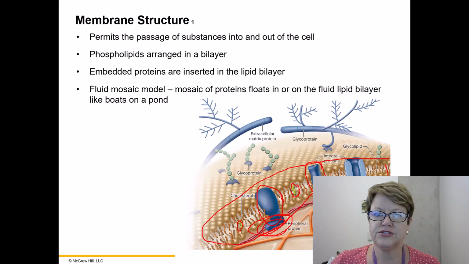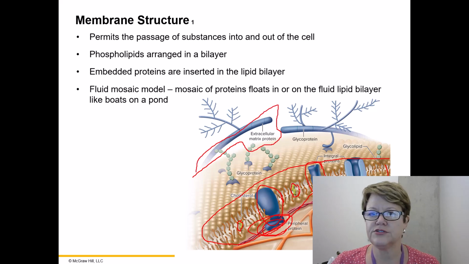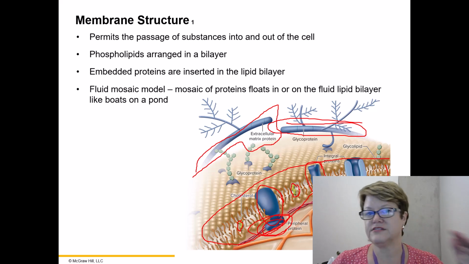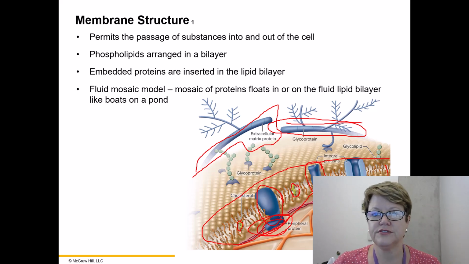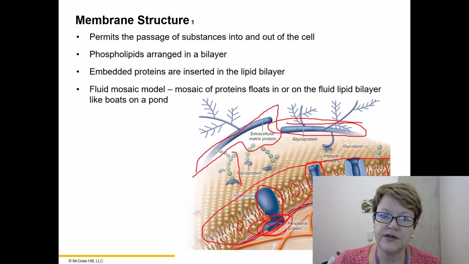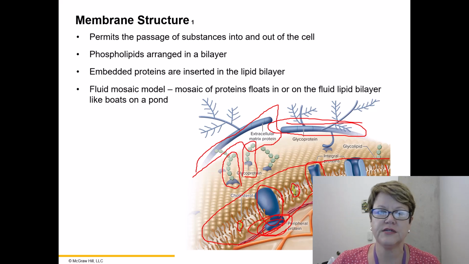Also attached to the outside surface, you'll remember, the extracellular matrix proteins, which are collagen. So those are crossing on the outside surface. Those are fibers. And you also have these little proteins here that are called glycoproteins. So what they're showing here is you're seeing part of the protein sticking out of the membrane. So this is an integral protein that also has a little carbohydrate chain.